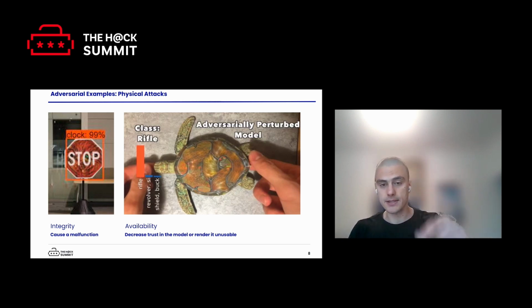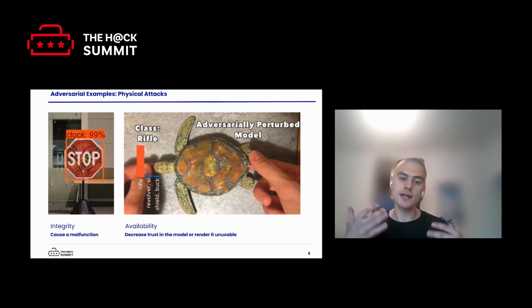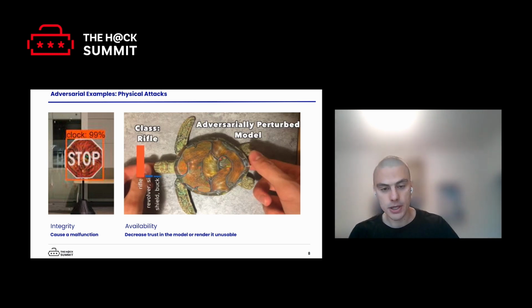And in the second case, in the case of the 3D printed turtle that could be classified as a rifle, it targets more the availability of the solution, so decreases the trust in the model by increasing the number of false positives. For example, in the case of deploying such an object detection model at the airport, it would decrease the trust in the model and eventually lead the company that deploys it to abandon further work on it and render it unusable. So really, adversarial examples can be used for multiple cases, and there are plenty of different angles that could be used to approach it.